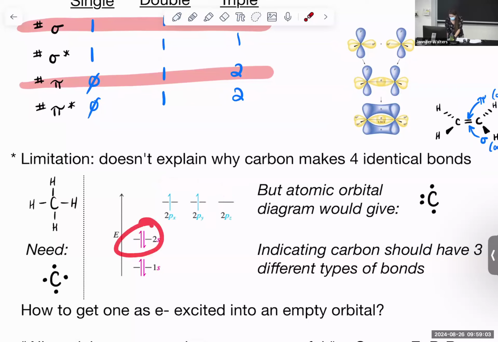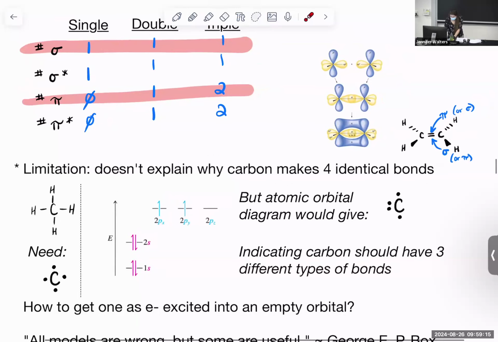So that means I have 1 pair and 2 unpaired. That is saying that I should only have 3 bonds, and they should be different. We need this. Why do we need that? Because that's what we actually see.